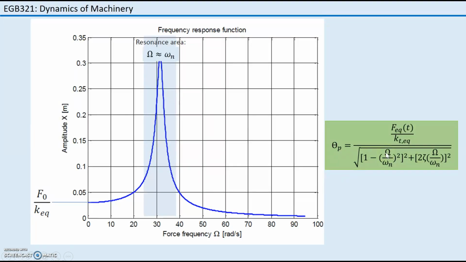If we consider the amplitude of theta p, and if the force frequency omega is equal to the natural frequency of the system, then we get a greater amplitude, which means that the system will vibrate heavily. This phenomenon is called resonance, which may cause catastrophic failure in the case of some structures. So in some cases we want to avoid this resonance.